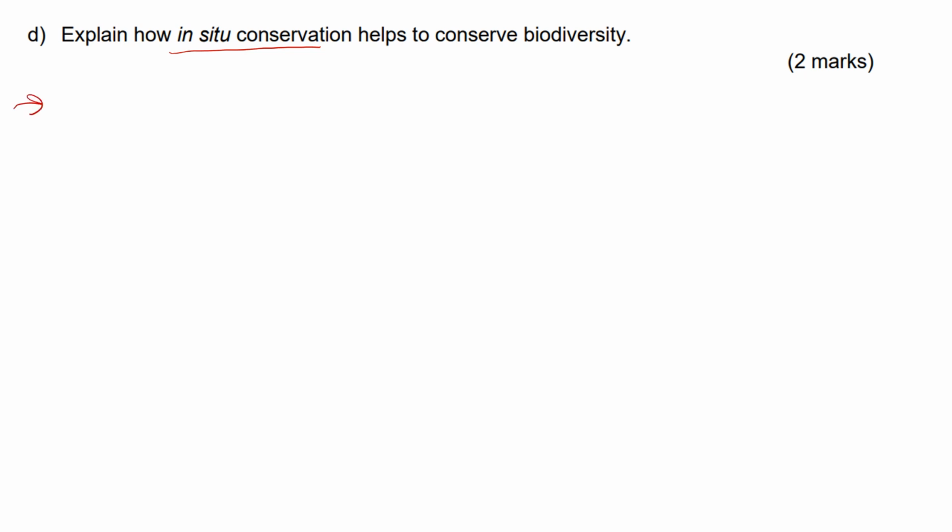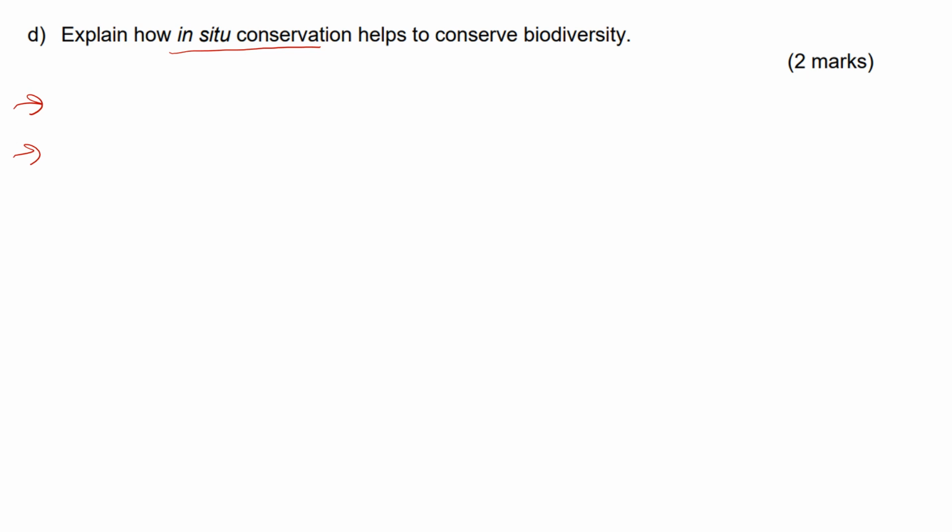National parks or sanctuaries that are established for these organisms, this wildlife, to be protected. For the second mark, you could list out examples of different national parks. For example, we have the Taman Negara National Park in Pahang.